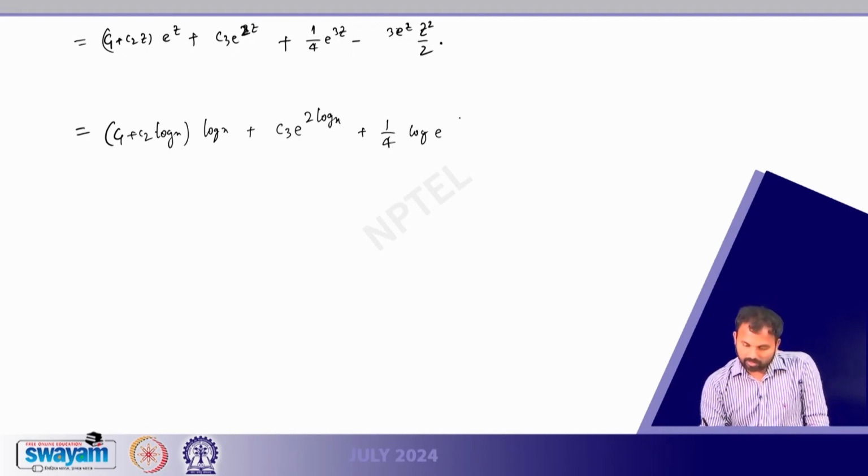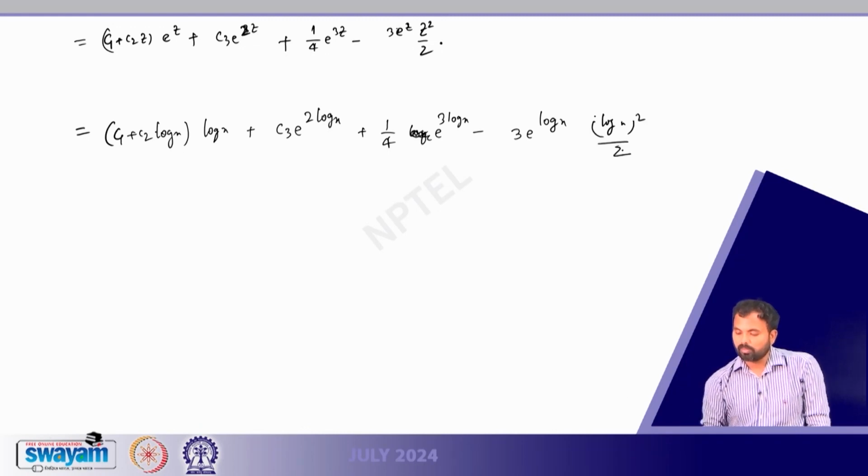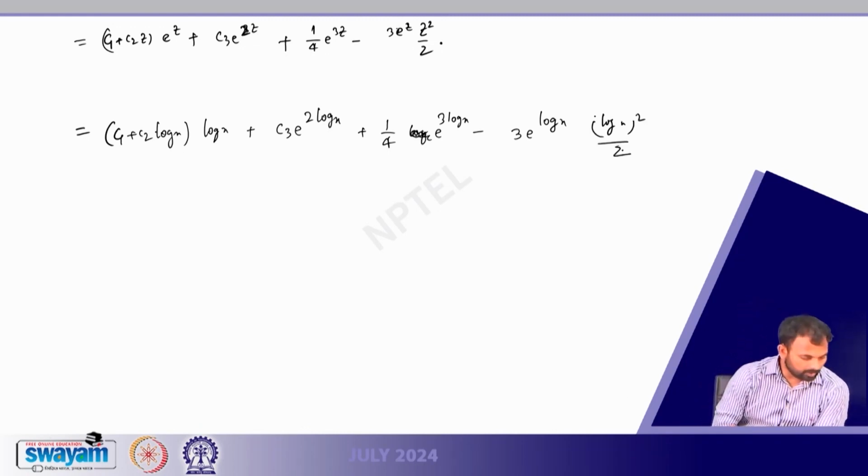So, this will be 1 by 4 e to the power 3 log x minus 3 e to the power log x into z, which is log x, so (log x) whole square by 2, if I have done correctly.